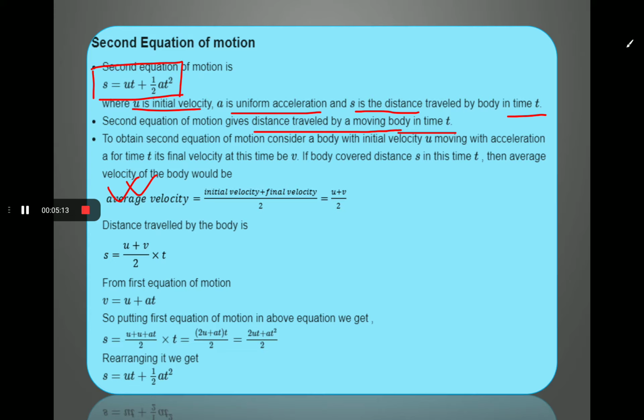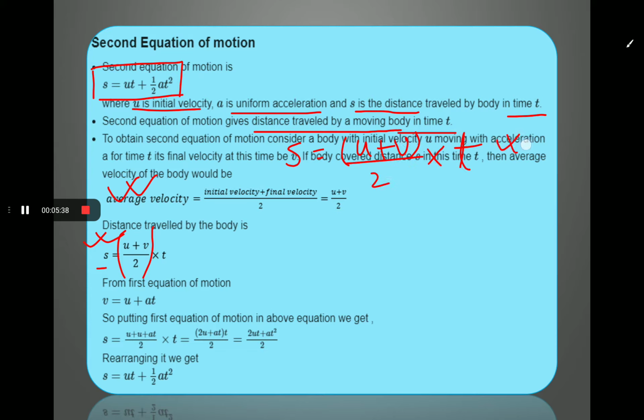And students, we know the formula of distance is equal to average velocity into time taken. So S is equal to u plus v by 2 multiplied with time.